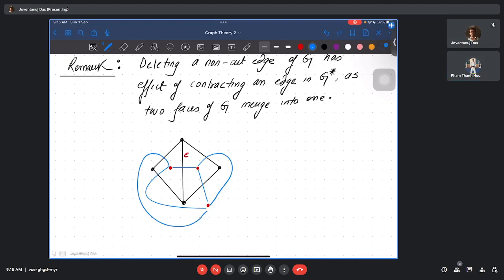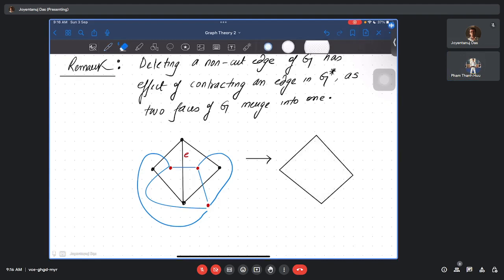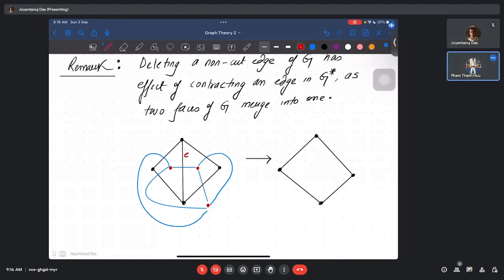Now suppose I delete the edge in between. So this is my new graph. I have deleted the edge. Then there is only one face in between. Previously there were two faces, but now there is only one, one face inside and one outer face, right?